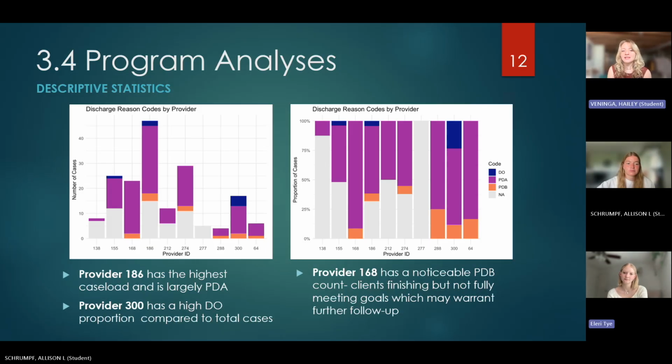Then provider 168 has a noticeable PDB rate, meaning clients are finishing treatment but not fully meeting their goals, so that would also be something to look into for that provider. But in general, most of their providers are doing very well. And the one provider with only NA so far most likely has just started receiving clients, and those clients have not yet left services.